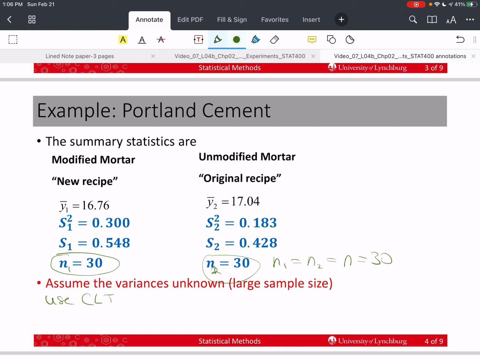So for each population, which we're assuming this sample comes from one population, the new recipe, and this sample comes from the second population, the original recipe. And so in order to estimate the normal distribution using the central limit theorem, we have to have n equals at least 30 in each of these samples.